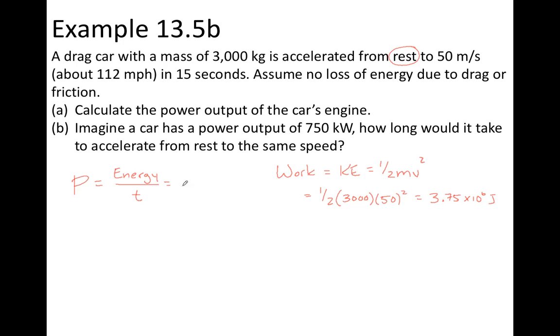And so we can put that into the equation here: 3.75 million joules, and we're going to divide that by 15 seconds. That will give us our power as 250,000 watts, which is also equivalent to 250 kilowatts.